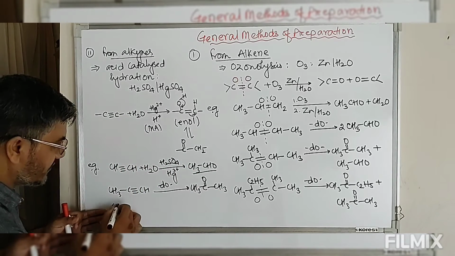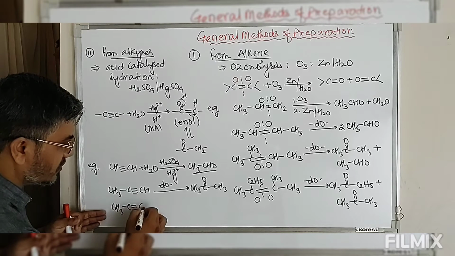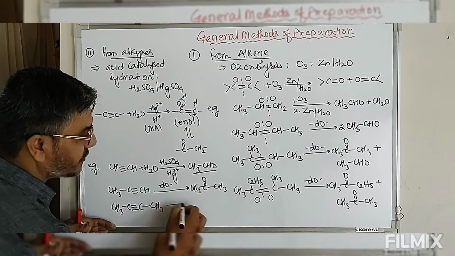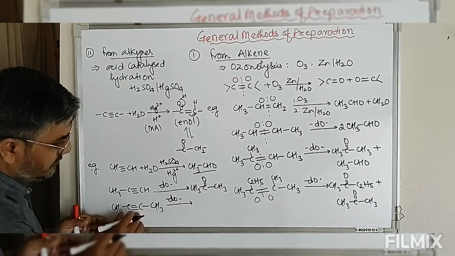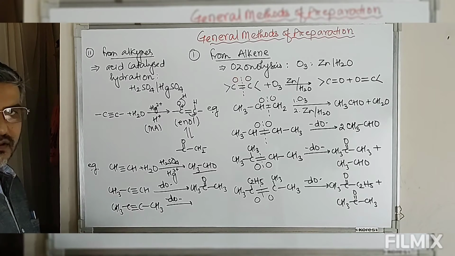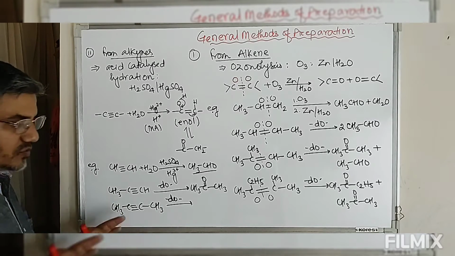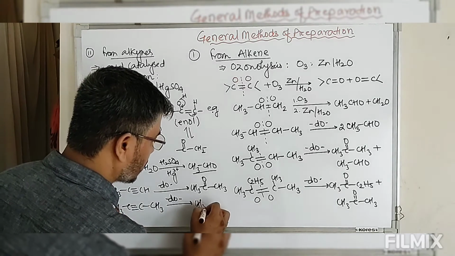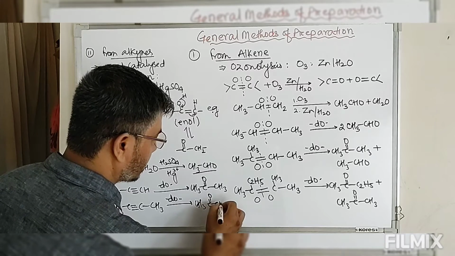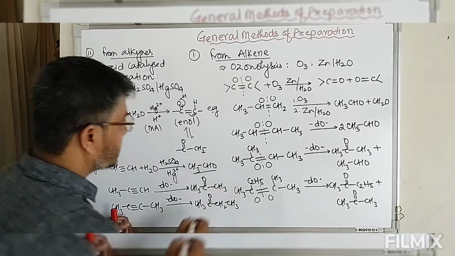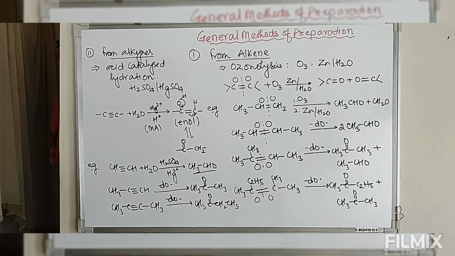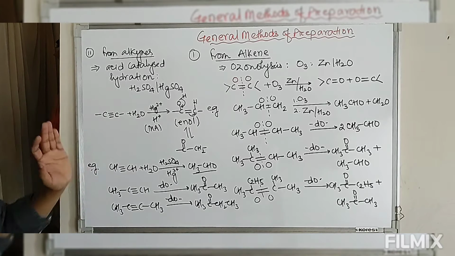Or suppose look at this, we have this CH3 C triple bond C CH3. By use of the same reagent, both carbons are identical, so we can add OH to any of this carbon. This will also give you ketone. So this is how we convert these alkynes into aldehydes and ketones.